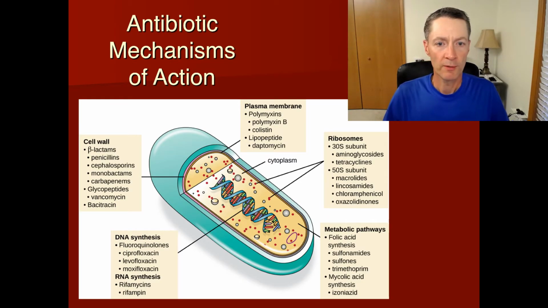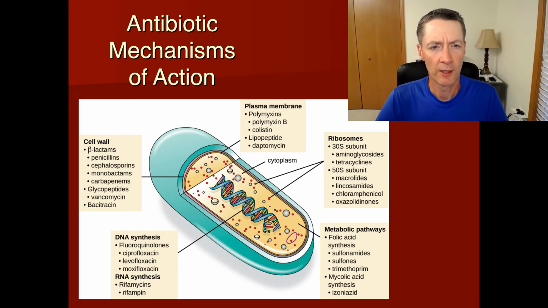Now in your text, I know it's in chapter 14, I think it's 14.3, they have this image, and it's a nice one because it shows you those 5 things that we just got done talking about. So we can key in on ribosomes, something to do with protein synthesis.